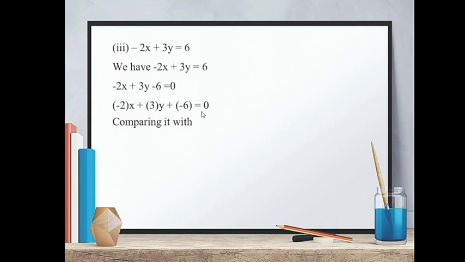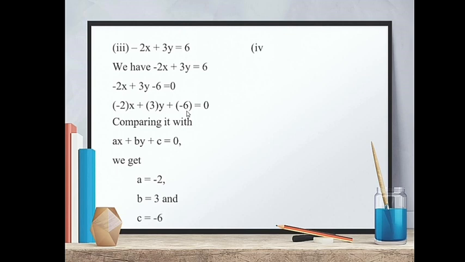Now we will compare it with the standard form of linear equation in two variables, which is given as ax plus by plus c equals to 0. So when we compare it, find here the coefficient is minus 2. It means a equals to minus 2, b equals to 3 and c equals to minus 6. So here we get a equals to minus 2, b equals to 3 and c is equals to minus 6.